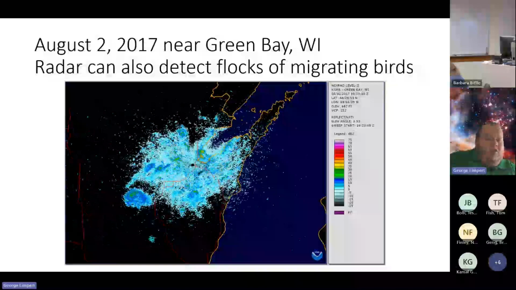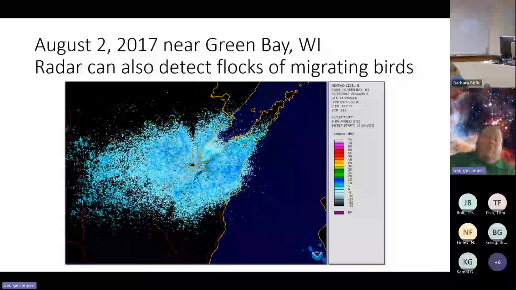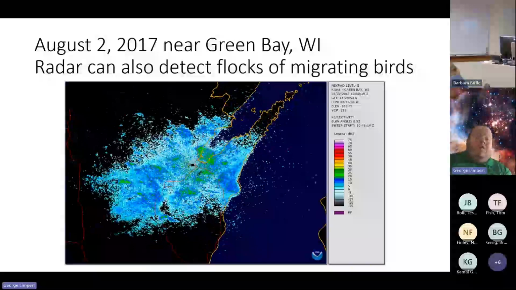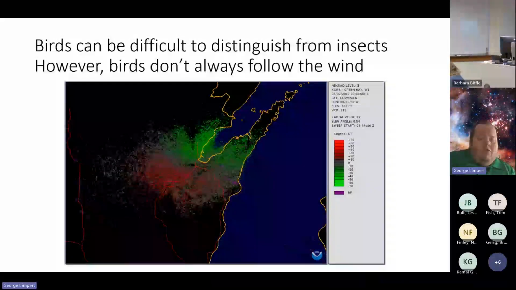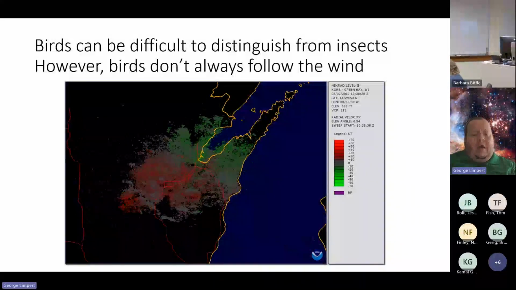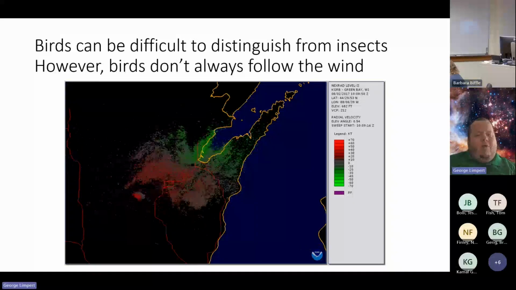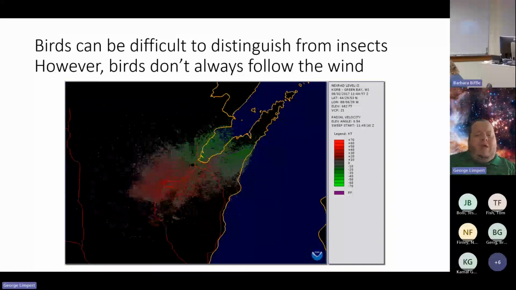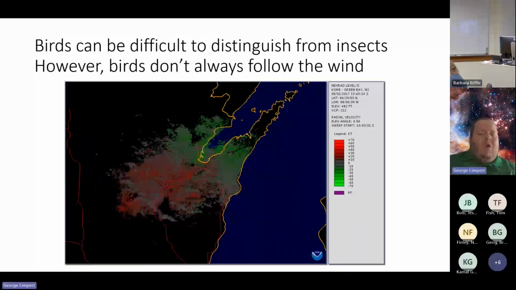So how do we distinguish between birds and insects? Because you're also probably picking up a very large amount of insects in the middle of summer in this area. One of the things we can do is look back at the Doppler image, and remember that the green is moving toward the radar, red is moving away.